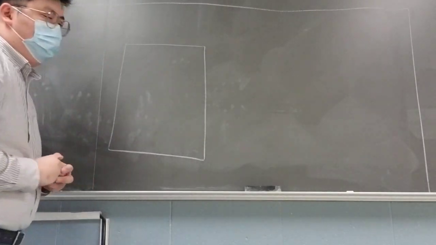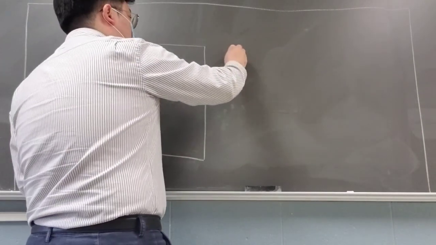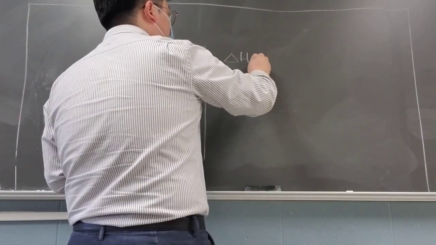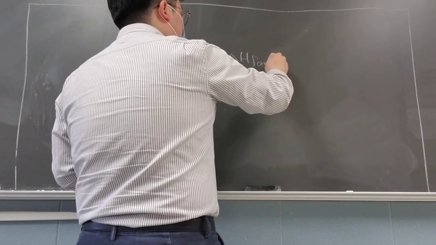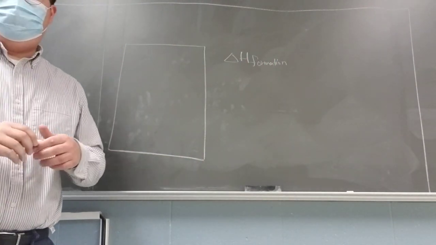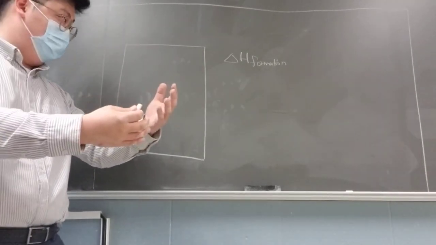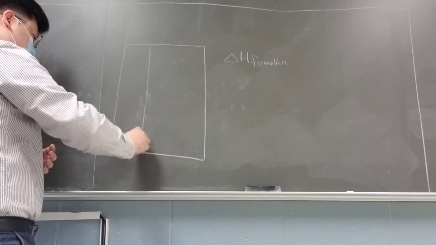So on your exam, I'll give you a table for the enthalpy change of formation. Meaning, any chemical compounds or elements going through the chemical reactions will all be listed on this table.